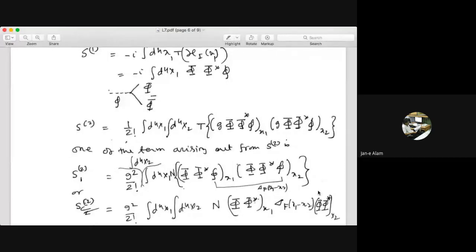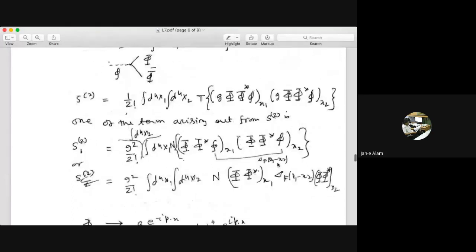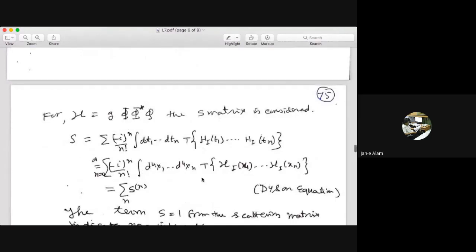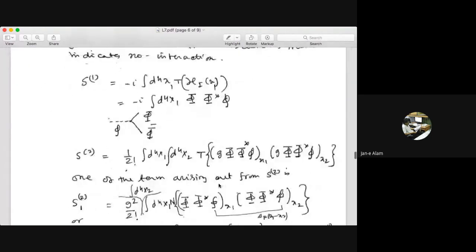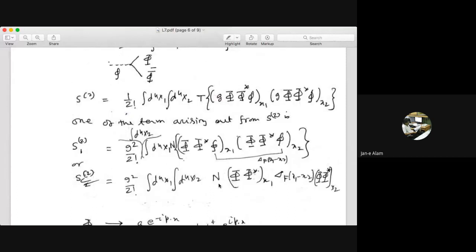Now, the only thing I am telling here is that this S matrix series has an infinite number of terms. I have picked up S2, where you take the time-ordered product and write it in terms of the normal-ordered product and possible contractions. Once you contract two fields, you get the propagator.